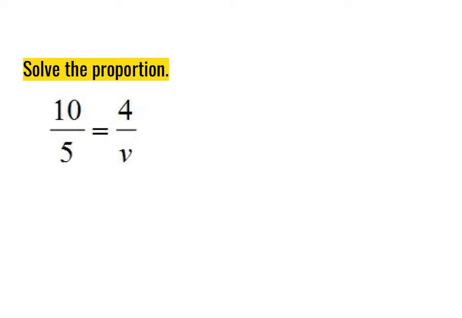So I could multiply by 5 because I have a fraction to get rid of that fraction. And what I do on one side, I do on the other. This would cancel and I would have 10 equals. And then I'm just going to write 4 times 5 without actually multiplying it out because I want to show you what happens later.